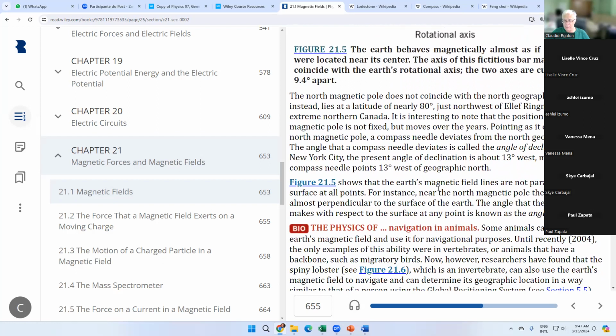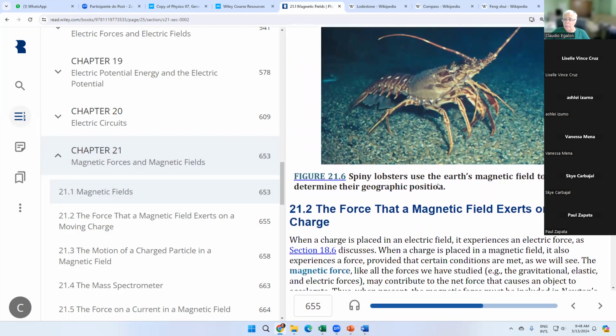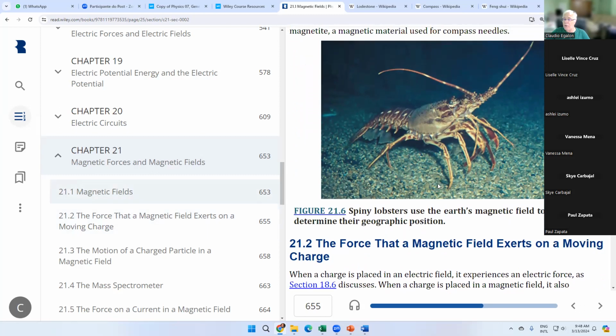That's because the magnetic pole is going to be in front of the geographic pole. So if you are navigating, either a ship or an airplane, you have to know that stuff. And we do have animals that use the magnetic field of the Earth to navigate, okay? Like the lobsters.